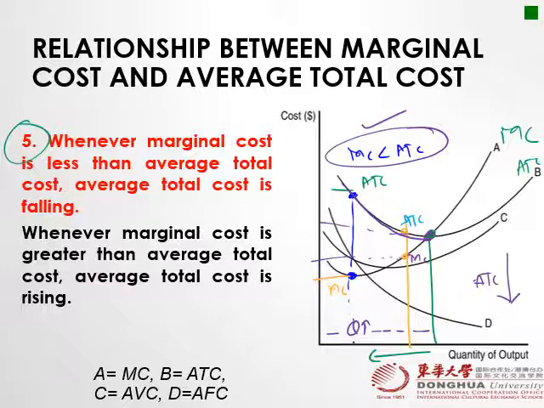So this is average total cost and this is marginal cost, right? Similarly, if we talk about this, this is average total cost and this is marginal cost, right? So the left-hand side of where marginal cost intersects or cuts the average total cost is this condition where MC is less than ATC.